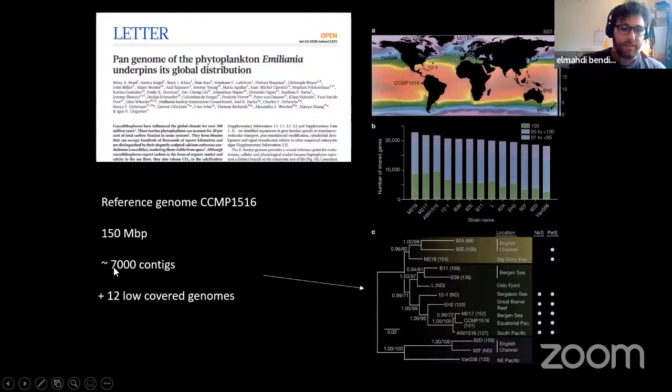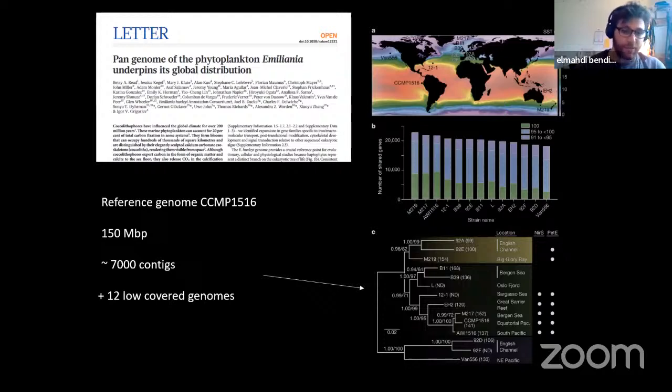Unfortunately, the assembly is quite bad. It's 7,000 contigs, so it means that the genome assembly, instead of having chromosomes like we have for humans, who have 23 chromosomes, here we have 7,000 small bits to work with.